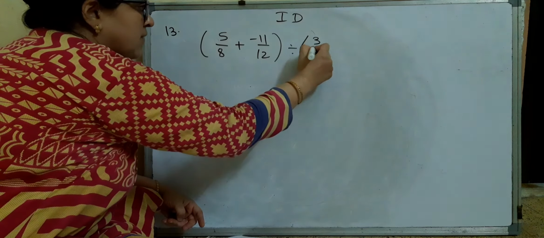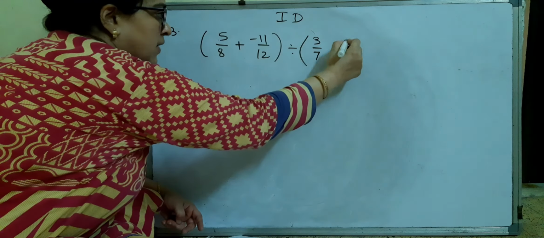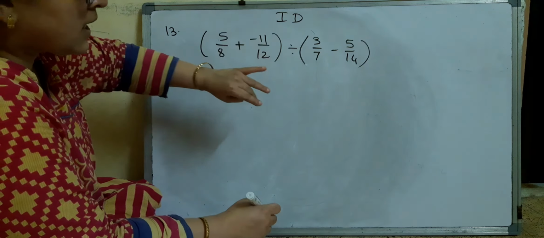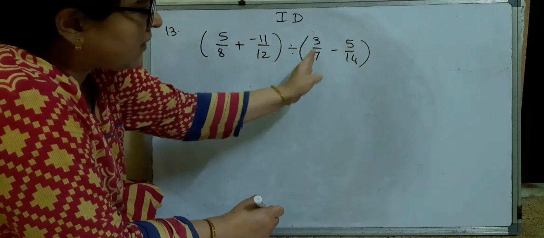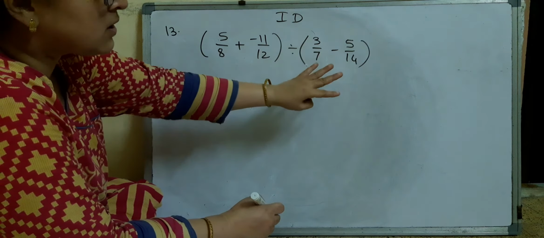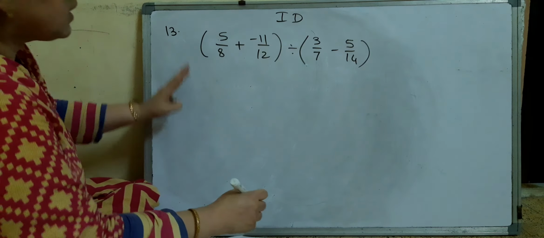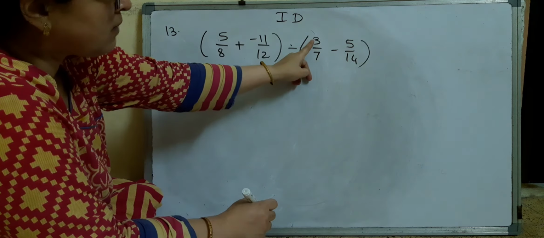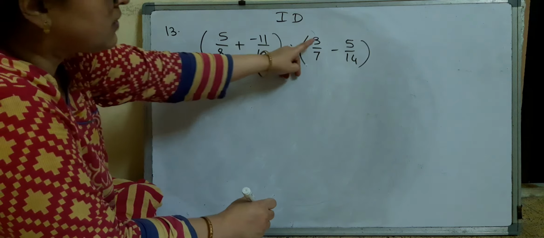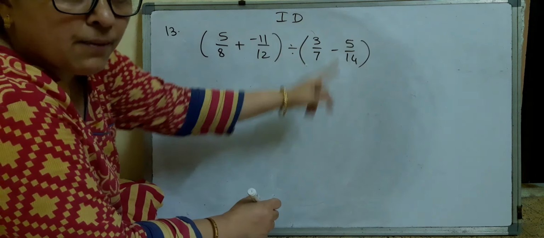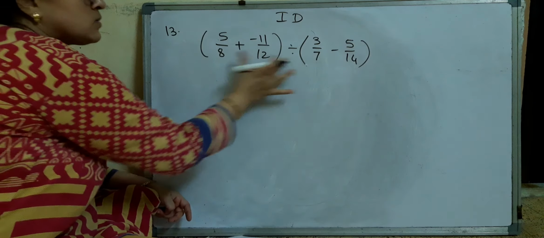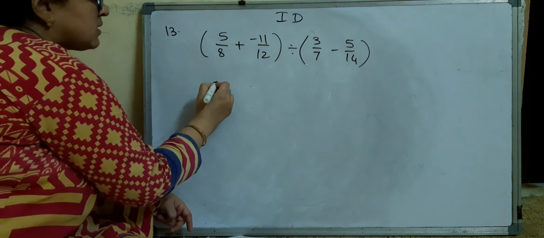First 3/7 minus 5/14, and in the second possibility 5/14 minus 3/7, because we don't know which number we have to subtract from which. According to BODMAS, first solve the brackets.